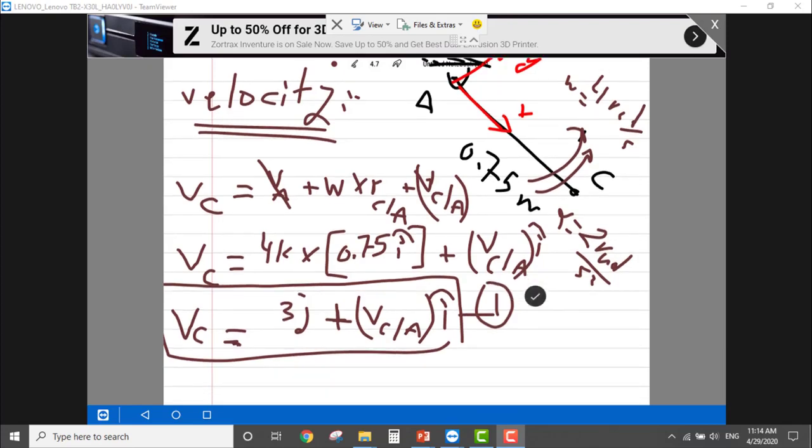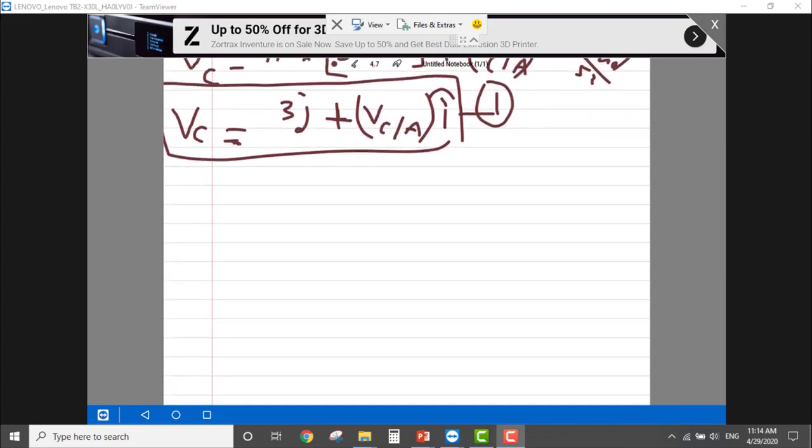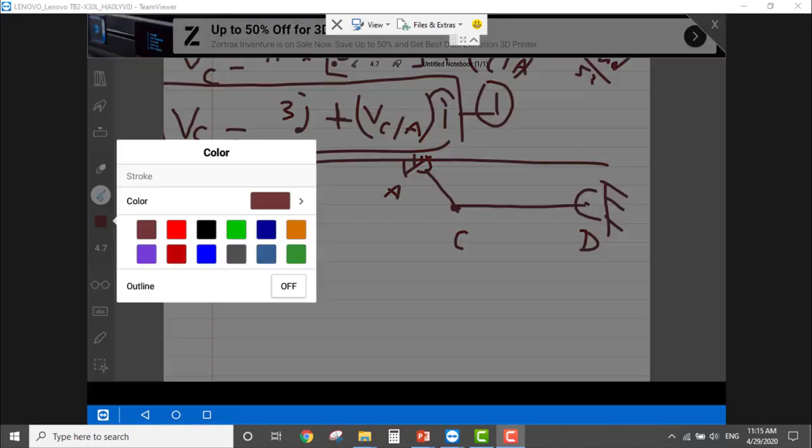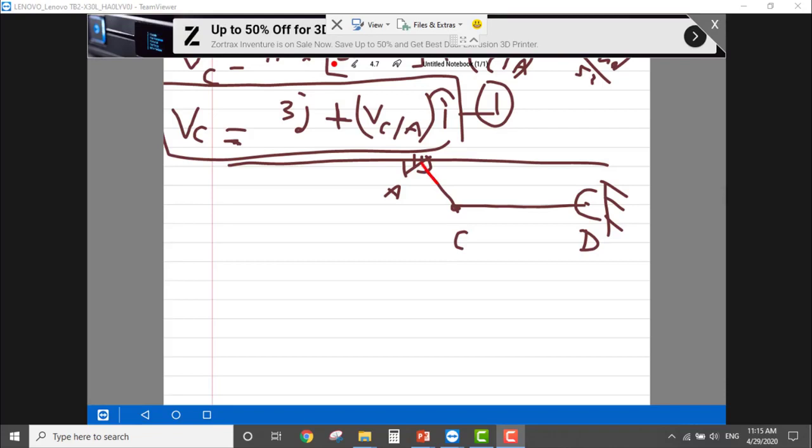And let us finish first from velocity. So I will move to the new rod, rod DC. So here is the other link. This is D, and here we have C. Okay, and remember that this is the point A, and on this point the coordinate system is inclined like this.